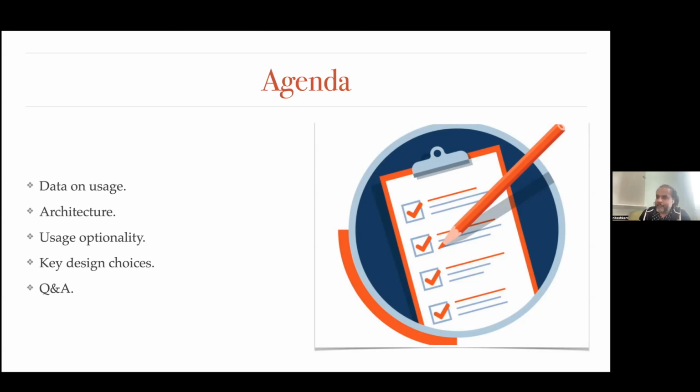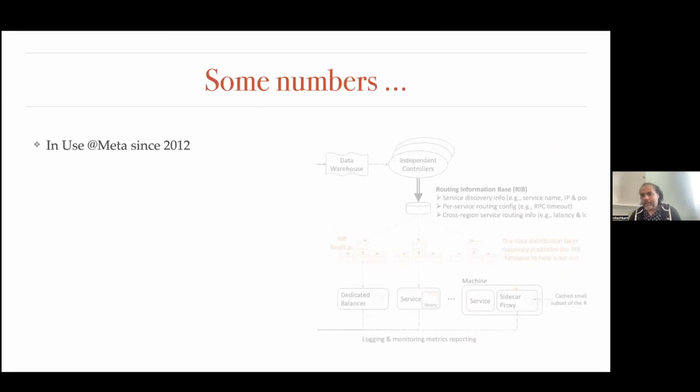One of the key aspects of ServiceRouter is optionality: we give various form factors which folks can use inside Meta. So I'll cover a bit of that and design choices, which may be interesting for this group.